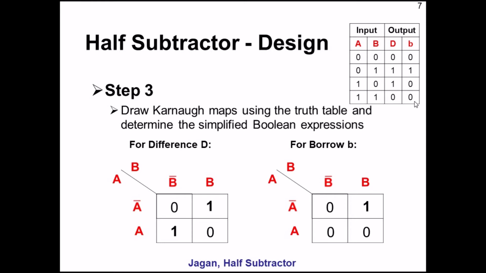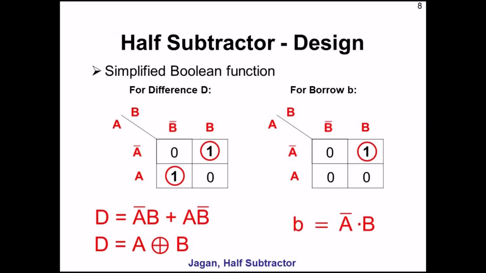Right? So now that we have drawn the Karnaugh map, step 4 is obtaining the Boolean expression, right? Here also we are going to have two forms. One is obtaining the Boolean expression using sum of product form. So I have encircled. So my output would be D is equal to sum of product form.